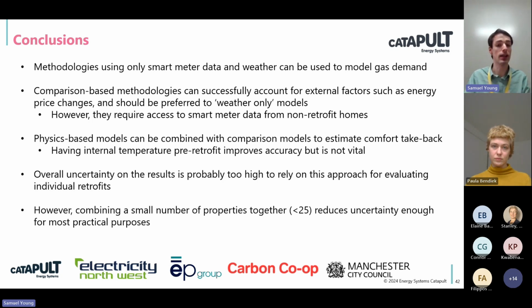Even when you went from 1 to 3, 5, 10, 25, small numbers of properties reduce the uncertainty quite dramatically. And so that means that for a lot of practical purposes in terms of financing, you can probably aggregate properties together in a way that is useful. So that's the overall conclusions from the work.